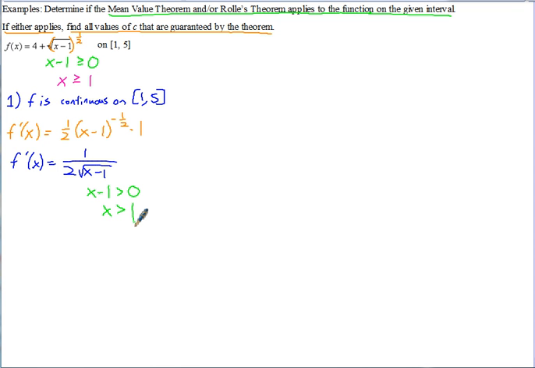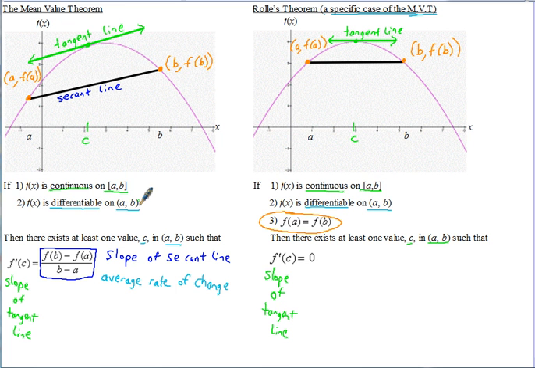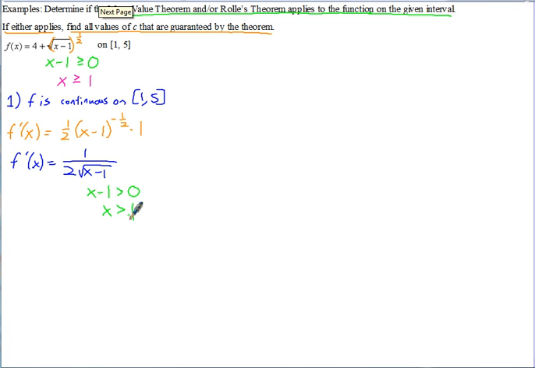And that's actually okay for differentiable on the interval because, remember, even though it's not differentiable right at 1, if we look at our theorem, notice it only has to be differentiable between a and b, so not including the endpoints. As long as it's differentiable everywhere between them, it's fine, which it is. It's differentiable everywhere x is greater than 1. So, here's your a and here's your b.